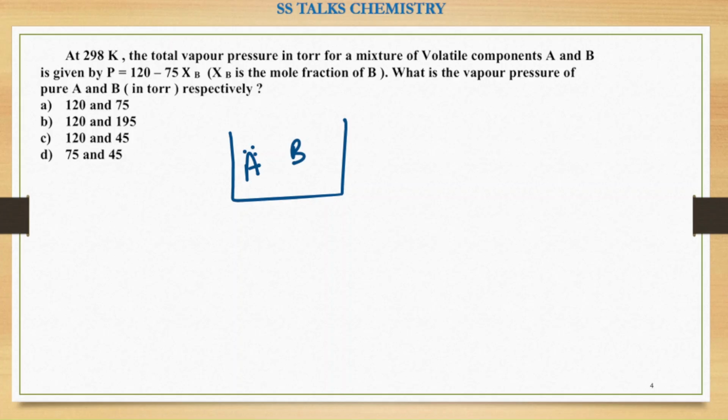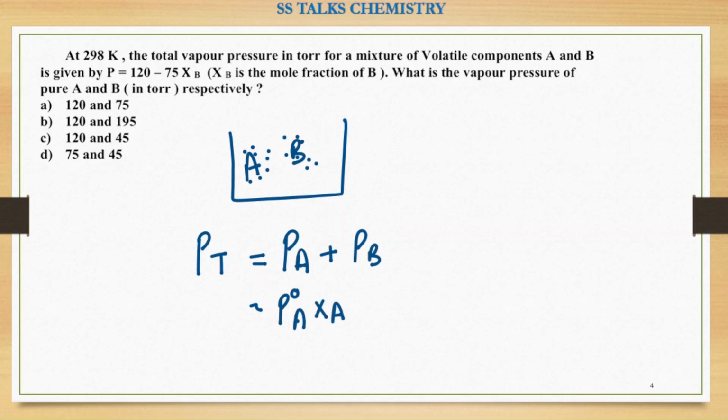The gaseous A molecules will exert some pressure and the B molecules will exert some pressure. The sum total of their pressure, P total, will be the partial pressure of A plus the partial pressure of B, right? And we know that the partial pressure we can write as P naught of A into XA. Now what is this P naught of A and XA?